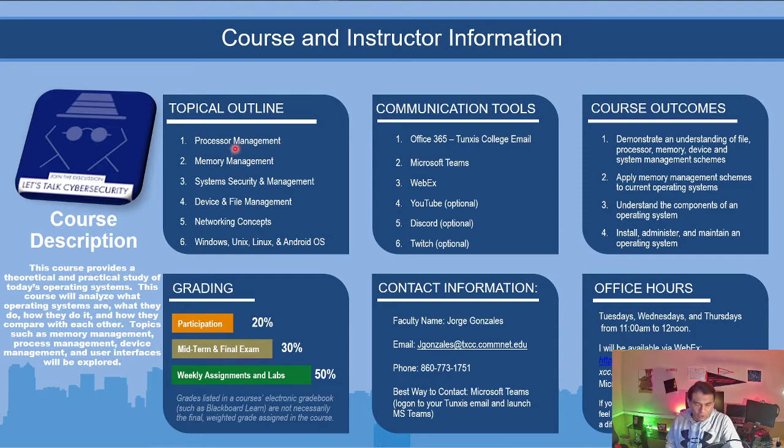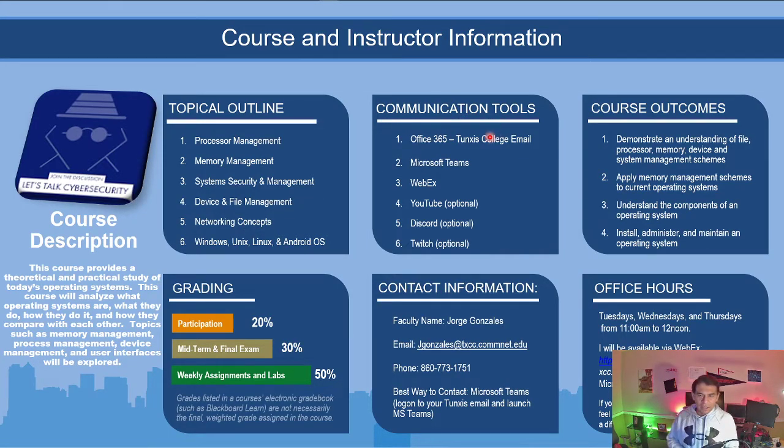So we are going to learn about 1 through 5, those different 5 concepts first, and then we are going to see in number 6 how each of these operating systems do the work of managing processors, memory, system security, device and file management, and networking. Okay, so that's kind of the sequence that we are going to follow.